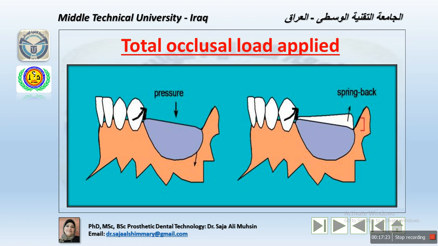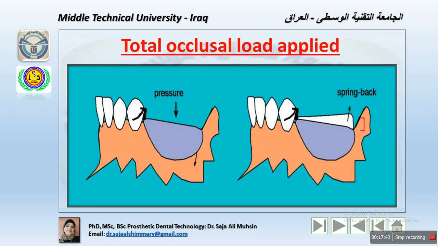So with regard to all other factors mentioned previously, we should not just focus on the total occlusal load applied. This has an effect on the direction and magnitude of the occlusal load to the removable partial denture. And of course, this is with the distal extension denture base in case of class 2 and class 1, and thus on the load transfer to the abutments.